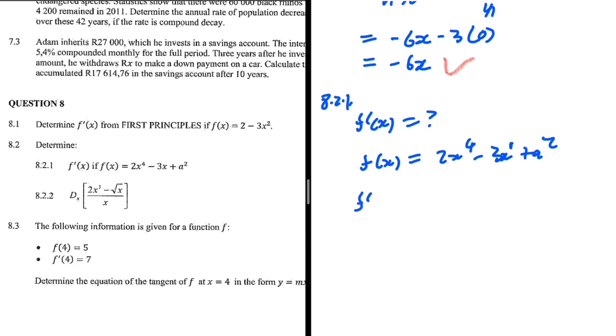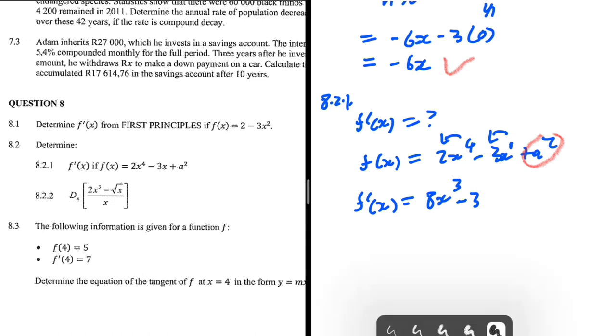Okay, f prime of x is going to be equal to 4 multiplied by 2 is 8, and then 4 minus 1 is 3. And then 1 multiplied by minus 3 is minus 3, and then 1 minus 1 is 0. x to the power 0 is 1. So we are just left with minus 3. And then here we have a squared. a squared doesn't have a variable of x. So that's a constant. We're going to have 0.